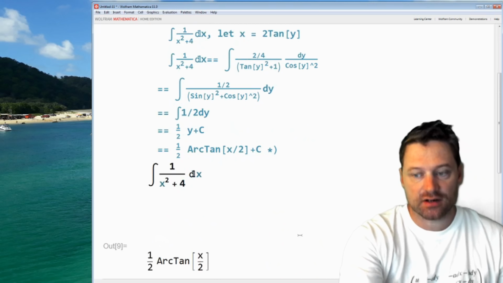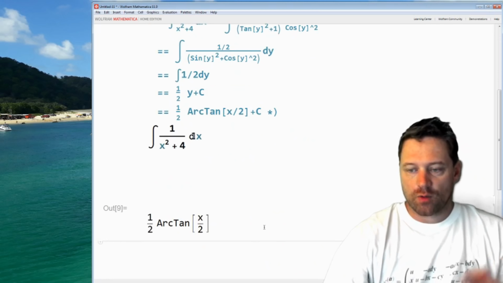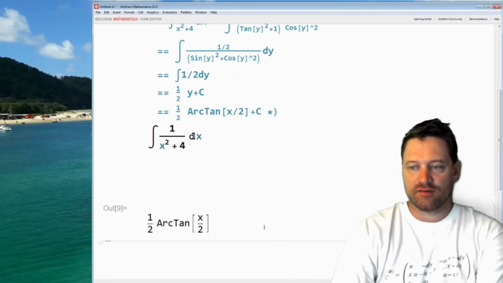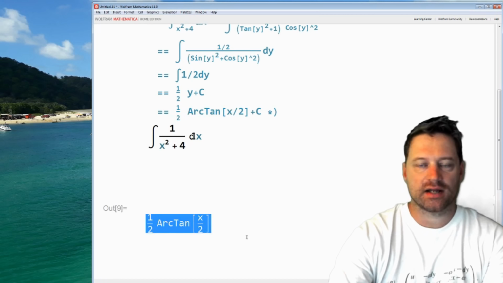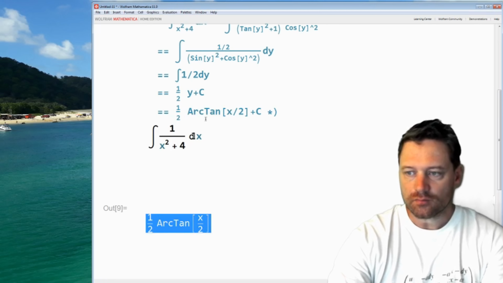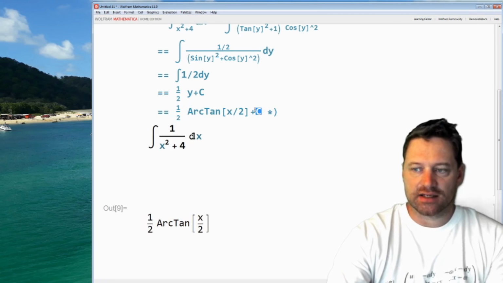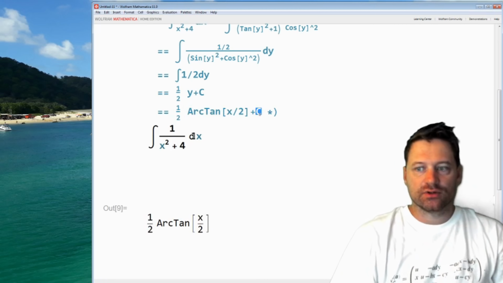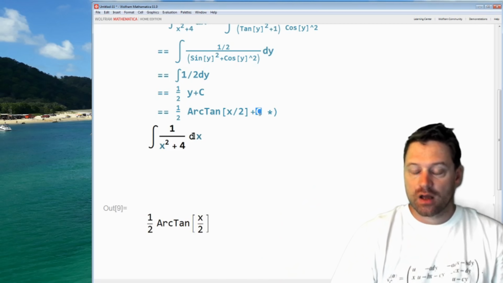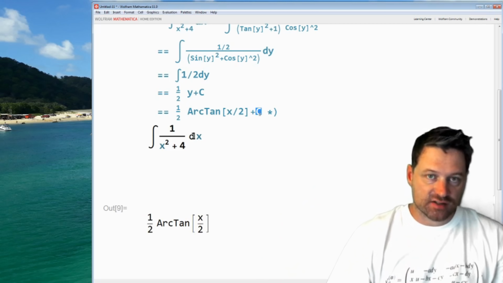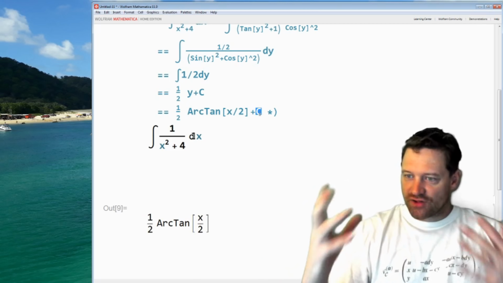Okay, shift enter, see what we have. Well, we get 1/2 arctan of x on 2. Now that's exactly what we have here, right? But this is one antiderivative, and this is the general case, right? Because any constant there will do. It will be an antiderivative of the function 1/x squared plus 4. Okay, so that's all of that.